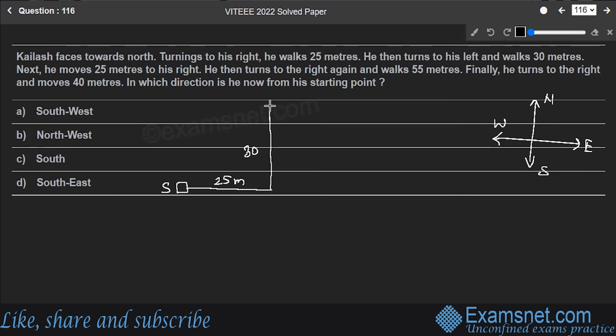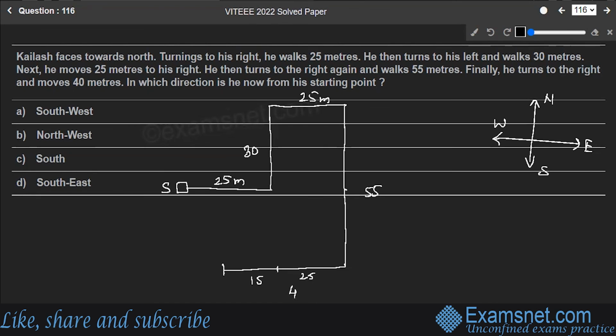Then he turns towards the right and walks 25, so he's moving here 25 meters. Then he turns to the right and moves 55. So here is 30 and here is the further 25, so he walks 55 meters. Finally, he turns to the right and moves 40. Till here it was 25 and another 15 over here, a total of 40.